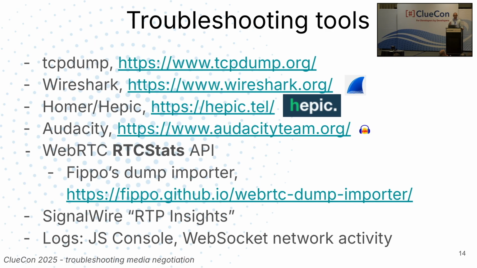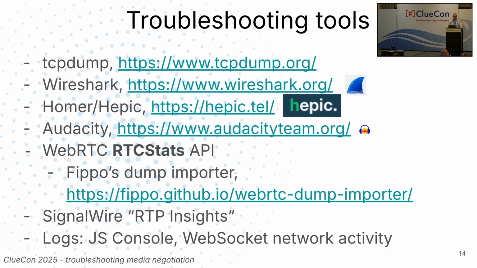They are continuously updated during a session and provide important aspects. We will see some examples. Basically, RTCStats is what's behind Chrome WebRTC internals, and you can dump all those stats into a file and then look at them later for non-live troubleshooting.